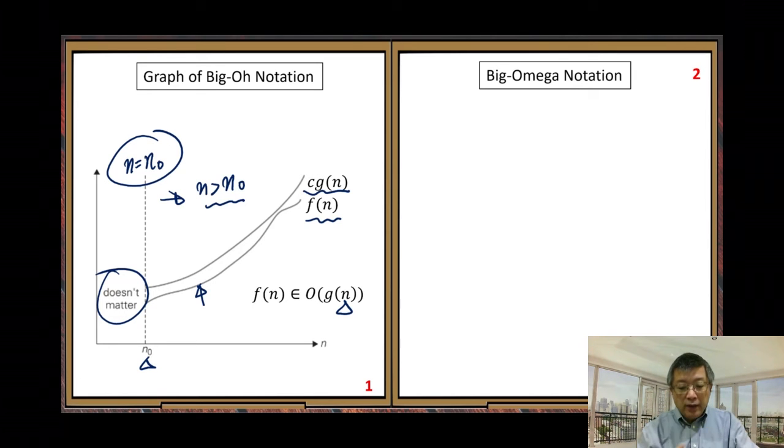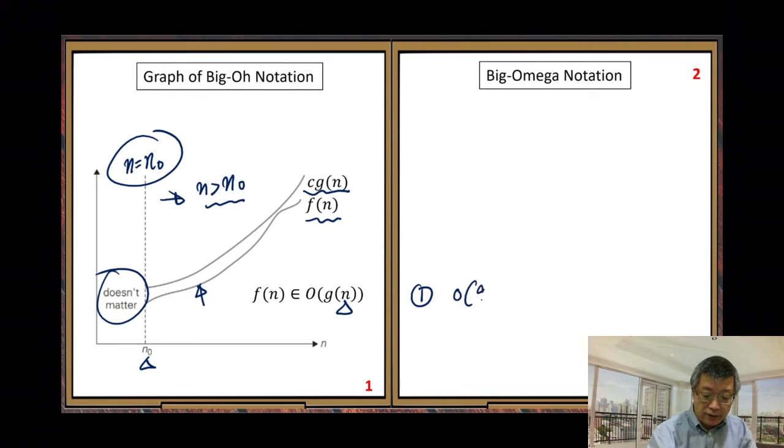The second one, big omega notation. Here, that is our fifth asymptotic notation. Look at what asymptotic notations we have learned so far. The first one, little o notation. The second one, big theta notation.